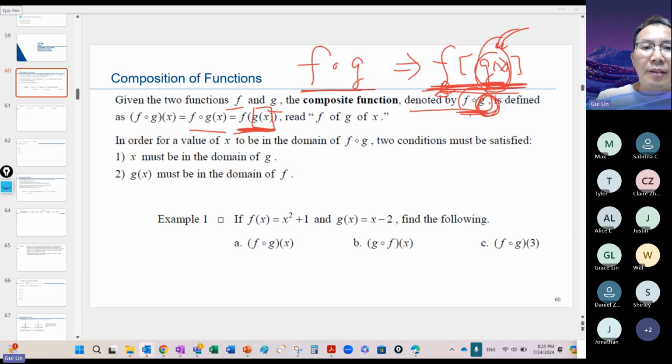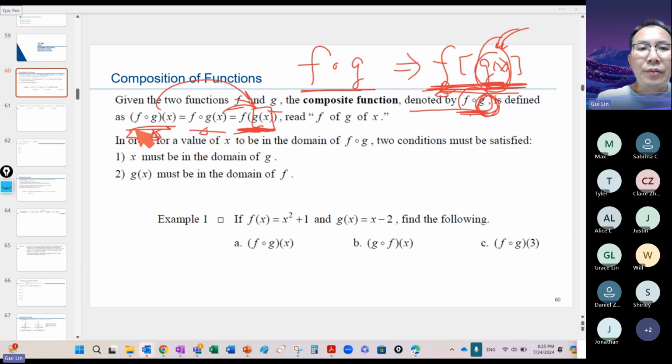But even when they describe it the other way, we also translate it this way. Don't change the sequence of f and g, because we do g first, g inside first, and then go back to the first function.